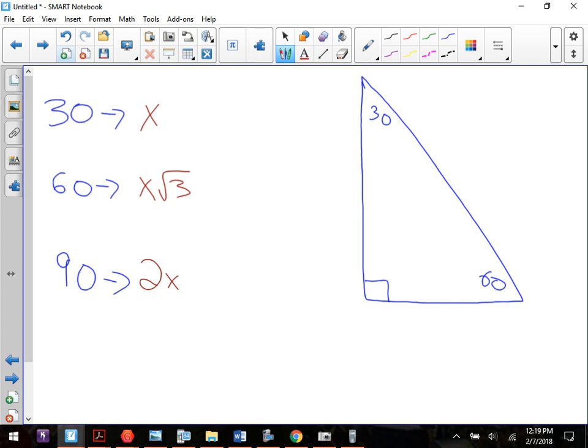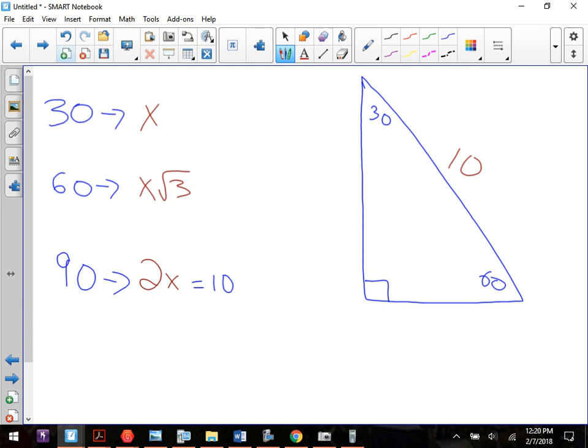And I say that across from our 90 is 10. That means that this value, this simple jig here, the 2x has to equal 10.